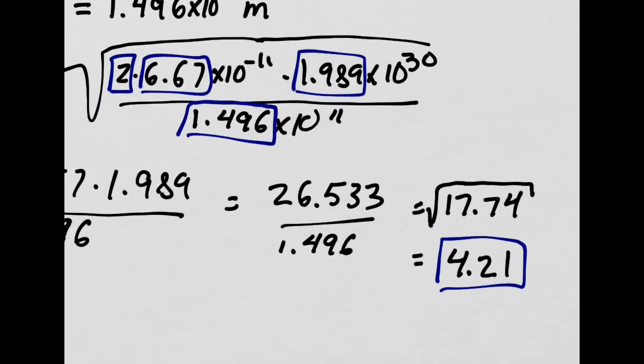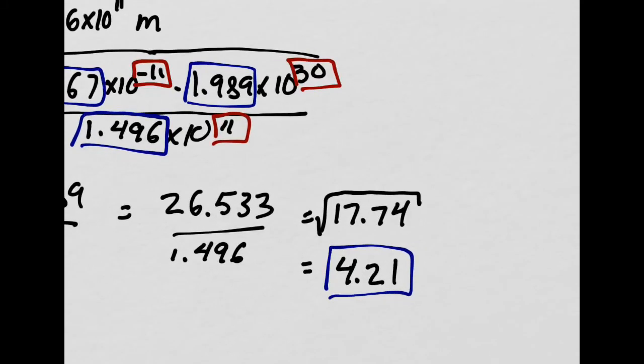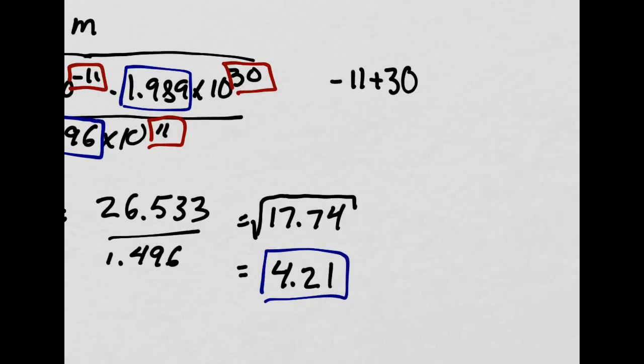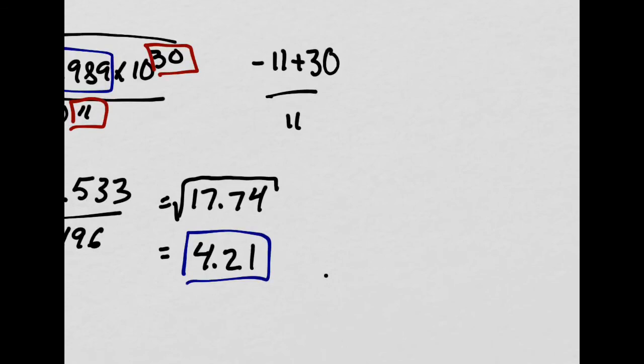We have our exponents: 11, negative 11, 30, and 11. So negative 11 plus 30 is in our numerator, and 11 is in our denominator. So 30 minus 11 is 19, minus 11 gives you 8.